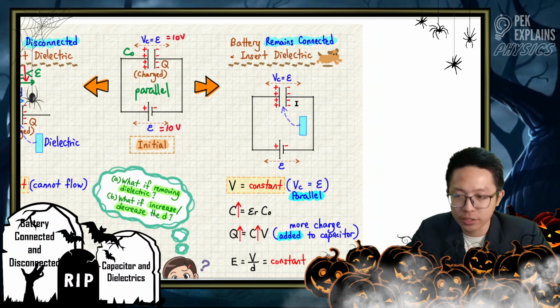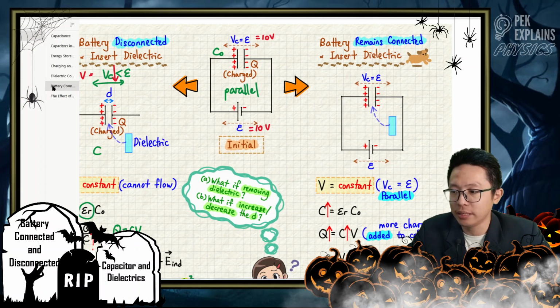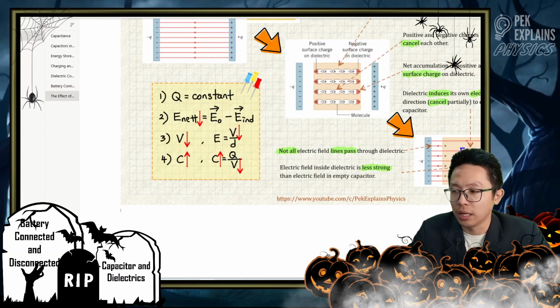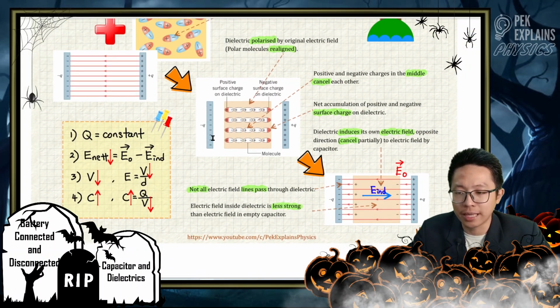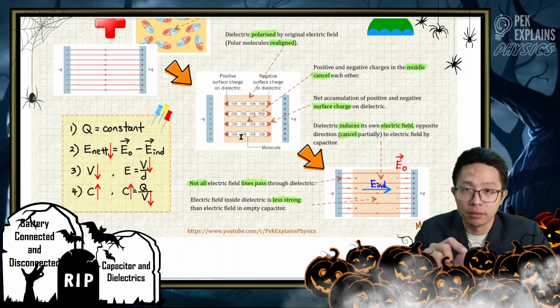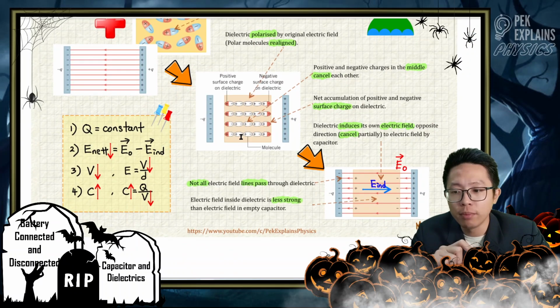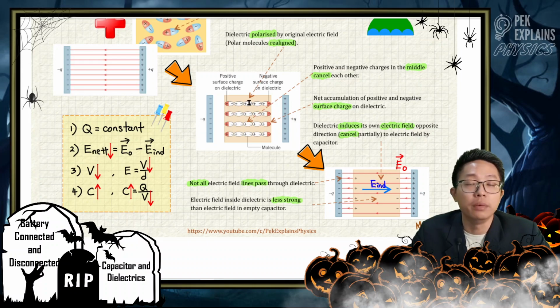The immediate change is that the moment you insert the dielectric, while the charge is still constant, not flowing anywhere, the electric field in the capacitor will decrease, and the voltage of the capacitor will immediately decrease.